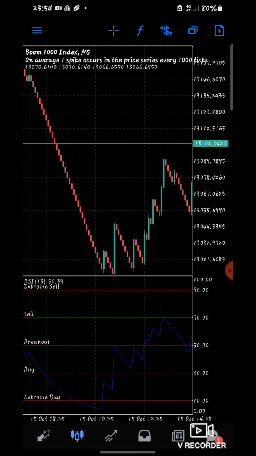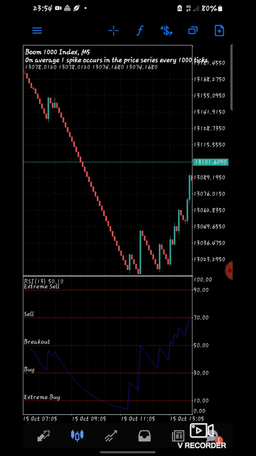But in case it happens, tell yourself that if this exceeds 2 candles, I'm off the market. So that 2 candles will now be your stop loss, and you shouldn't allow it to exceed the 2 candles. And immediately the 2 candles exceed your stop loss, you should close that entry.